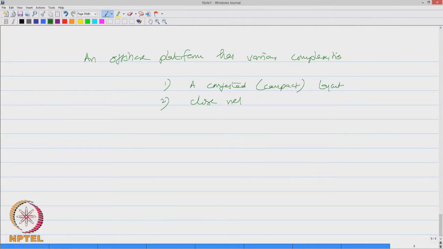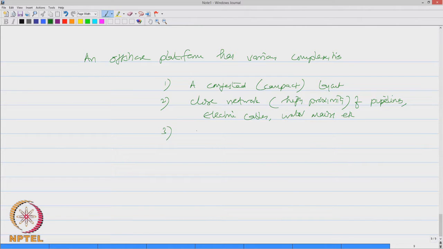Close network, close in the sense of high proximity of pipelines, electric cables, water mains, etc., which is again a complexity.